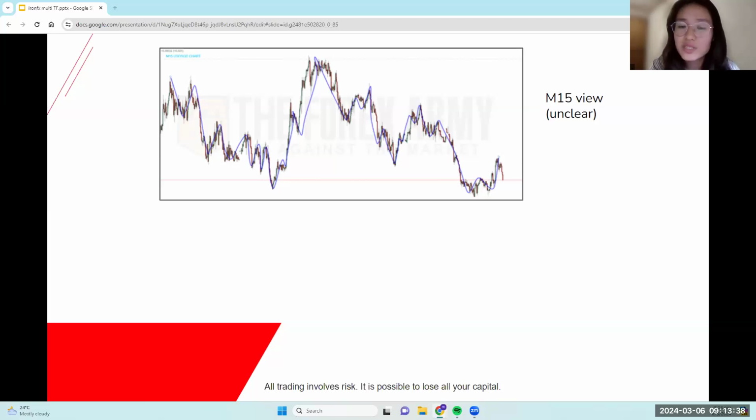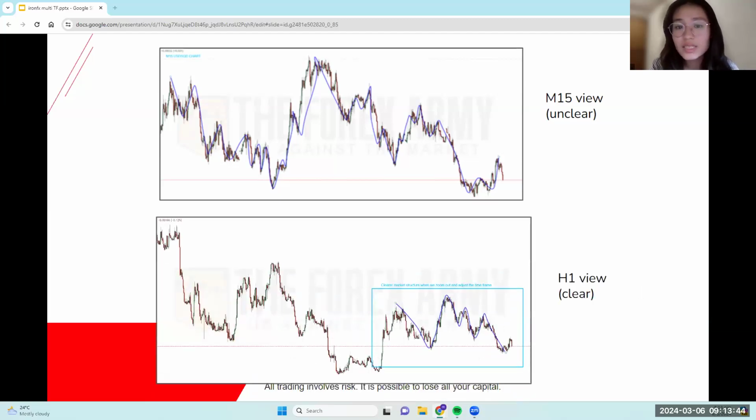There's no clear movements in price. But if you change the time frame to 1 hour, this is what we have, and you can see the highlighted portion has much clearer movement. So it's way easier to conduct your analysis on the H1 instead of the M15. Both of these are on the same asset that we are analyzing.